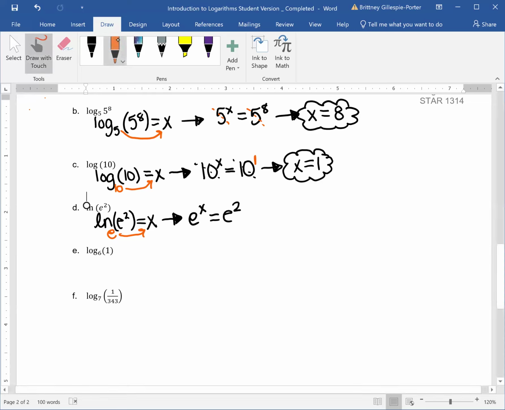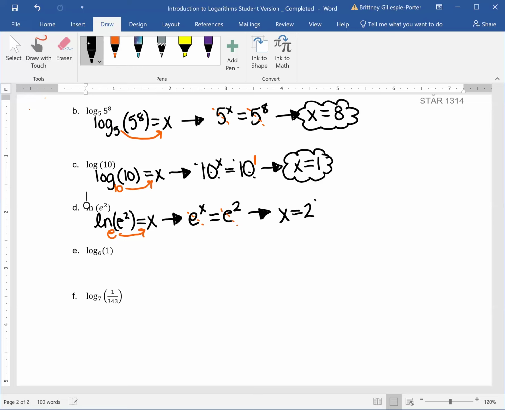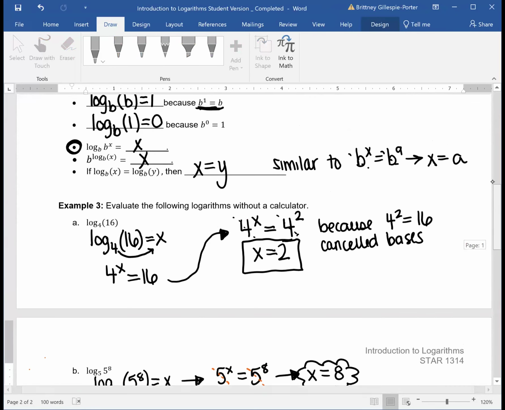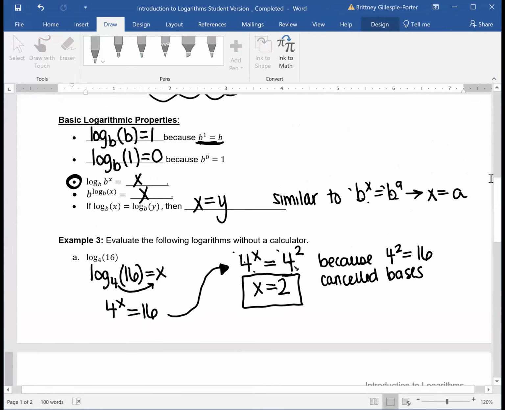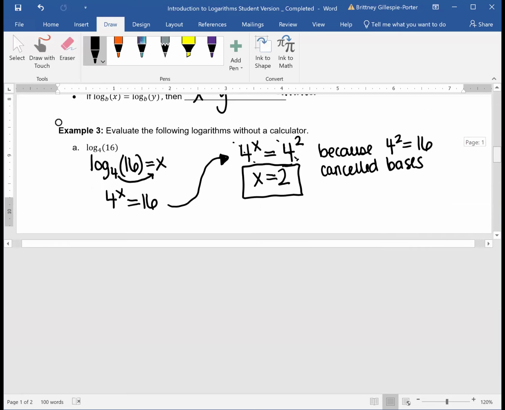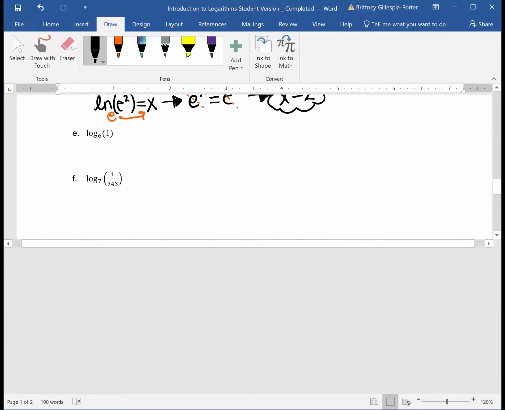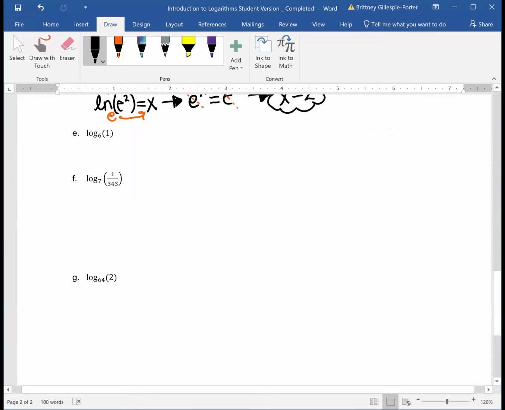And since our bases are the same, that means that our exponents better be the same, and we get x equal to 2. This falls into the log property of, scroll back up to it, the log base b of b to the x just equals x. So again, same formula, but I am not remembering the properties. I can go forward with this.